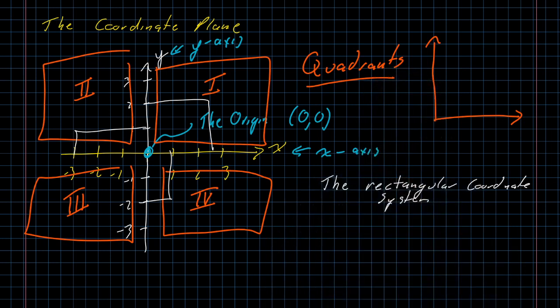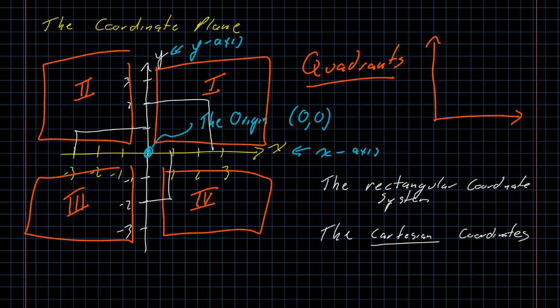The name Cartesian coordinates has fallen out of favor in the past 10, 20 years, but up until about 20 years ago, it was the only name that was given to this system.